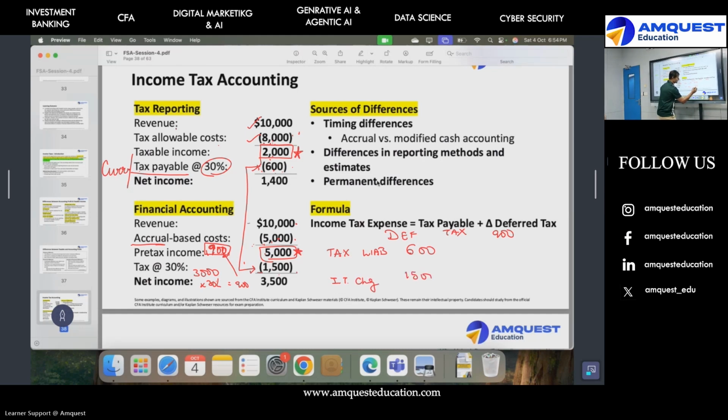Now you agree your liability also should be 1,500, but it's only 600. Why? Because the other 900 is deferred. And that deferred is called a deferred tax. Because a liability is deferred, it is called DTL.